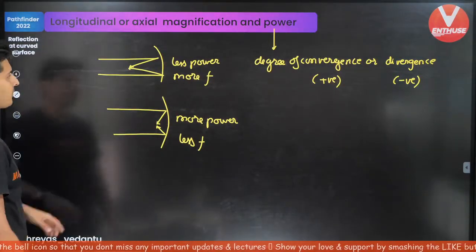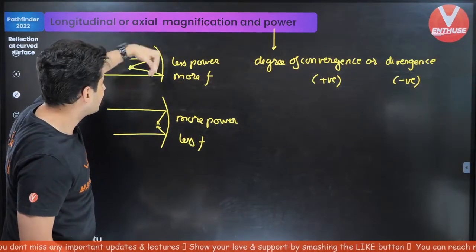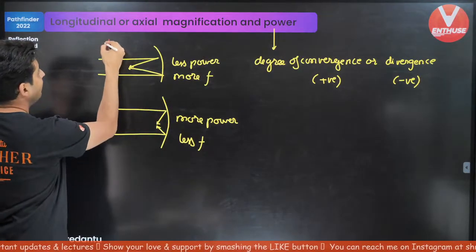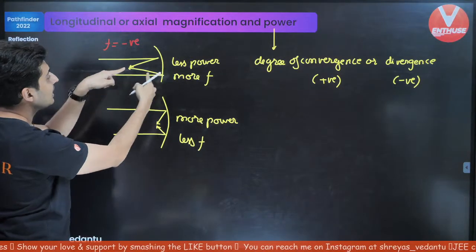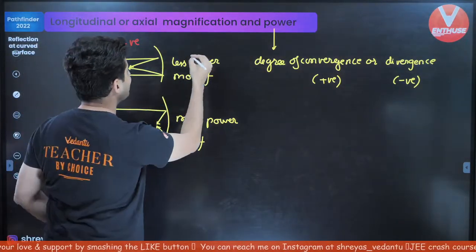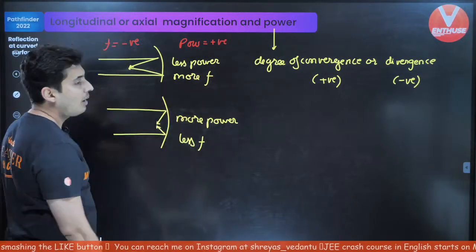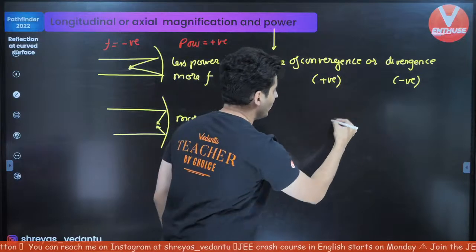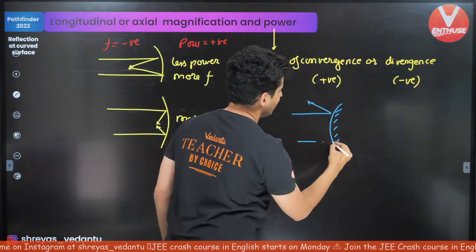Here, in the case of a concave mirror, the focal length is negative, but the rays are converging. That means the power is positive. Similarly, if you think about a convex mirror, the rays will go like that.